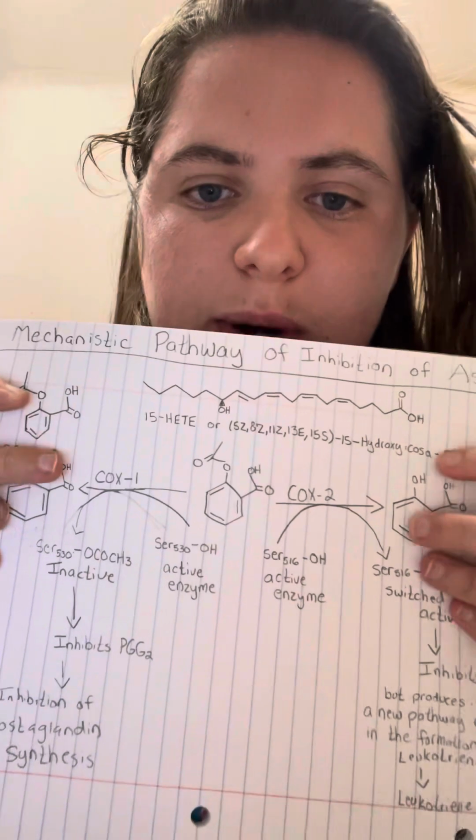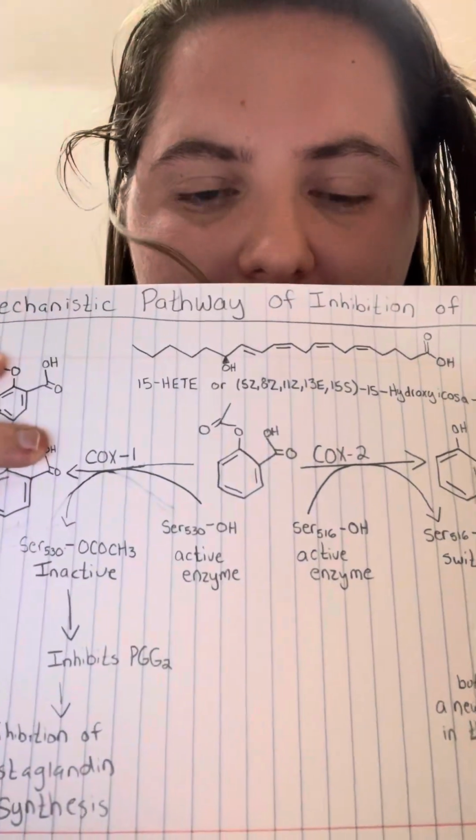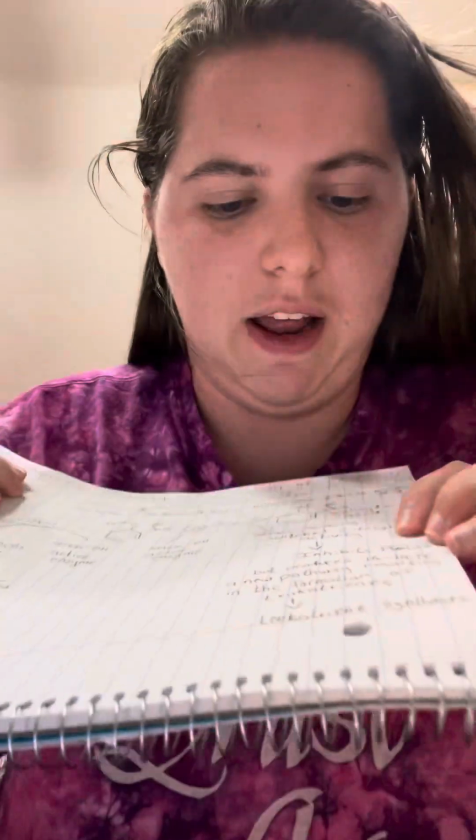And then I also have the kinetic pathway of aspirin. So I drew out once again the structure of aspirin, the 15-HETE, and then of course I drew out salicylic acid, which goes down to be catalyst activated to inhibit PGG2.